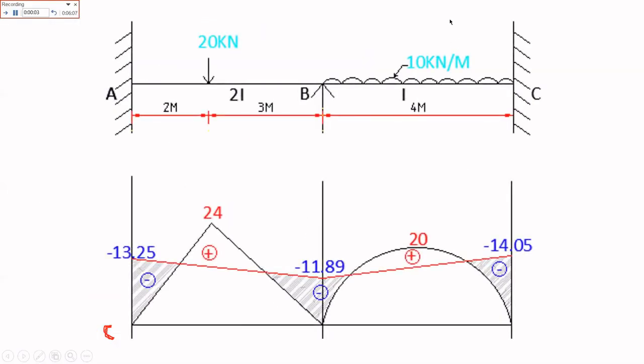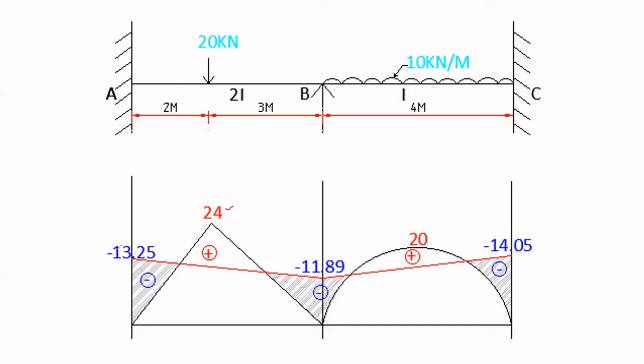The sign convention that is used is that sagging moments are positive and hogging moments are negative. The sagging moments were already calculated. We already calculated this value 24 and this 20.